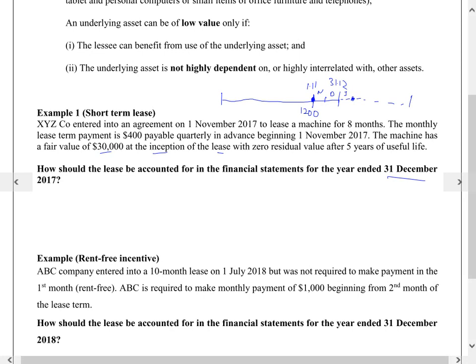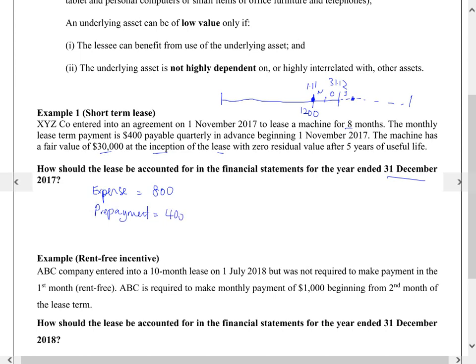But now, since it's less than 12 months, I'm going to recognize this as expenses, just like a rental. So how should the lease be accounted for in the financial statement? So how much is my expense? My expense is 800, and I have prepaid 400.